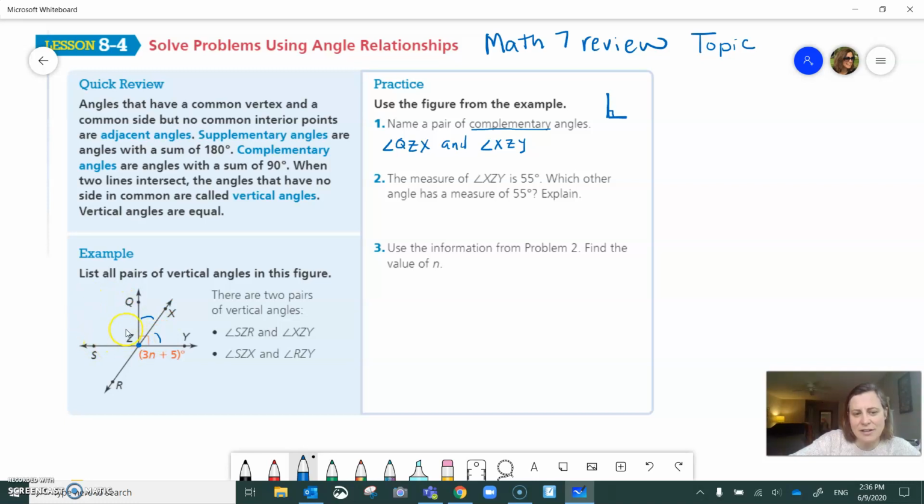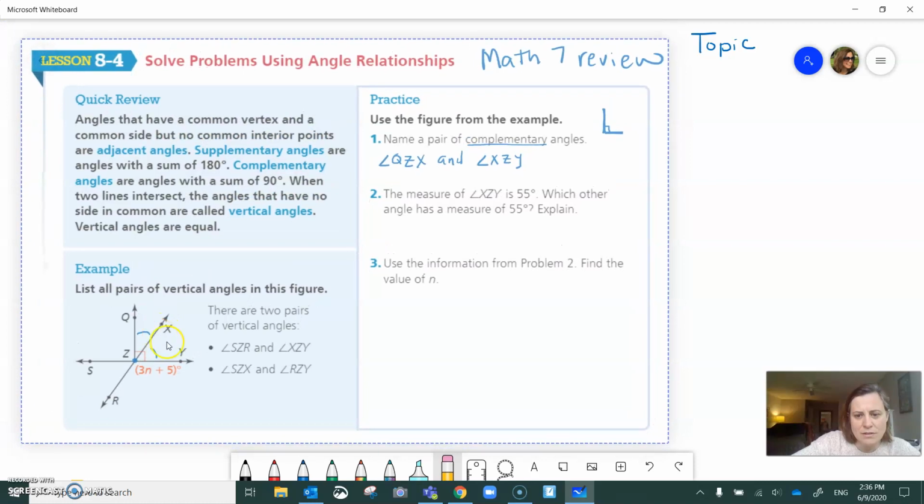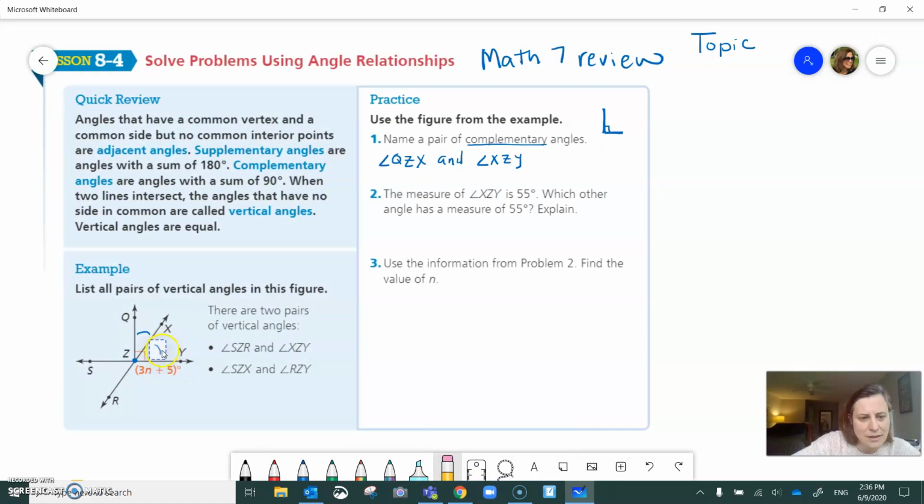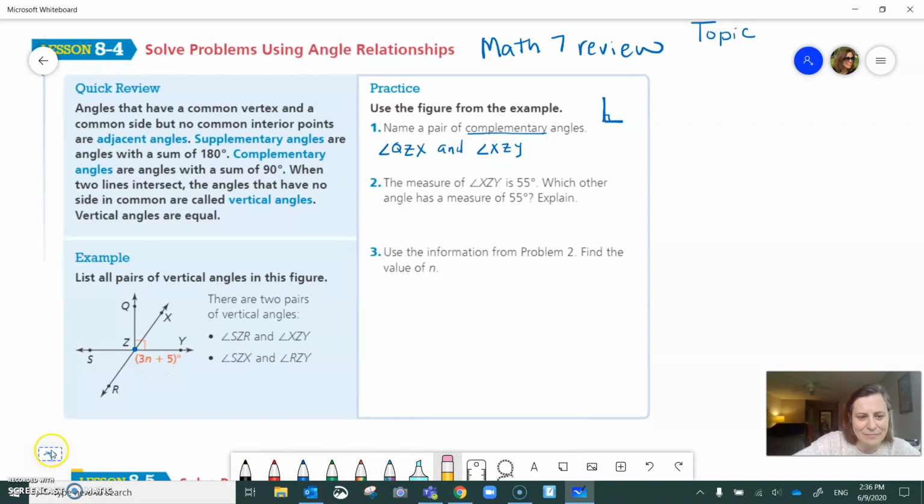There's another angle over here. You could say this is, well, it is a 90-degree angle, but there's only one angle there, and complementary are when 2 of them make 90. XZY is 55, whoops, trying to erase some ink here.